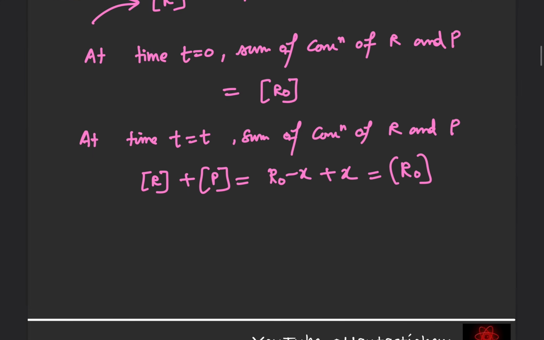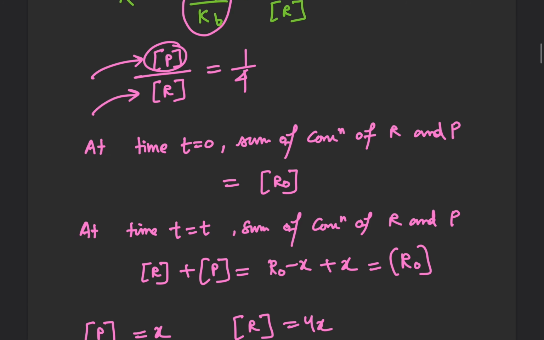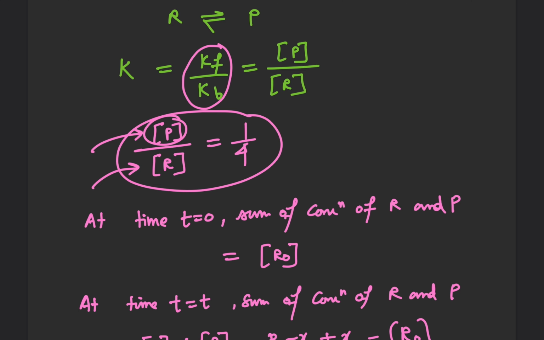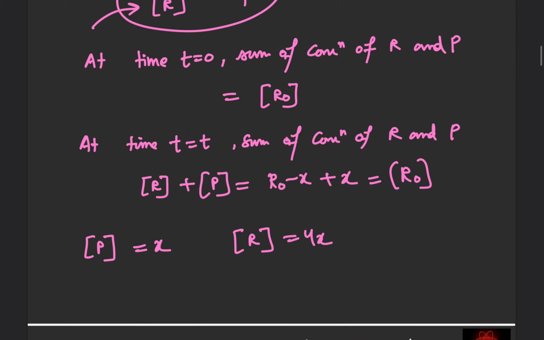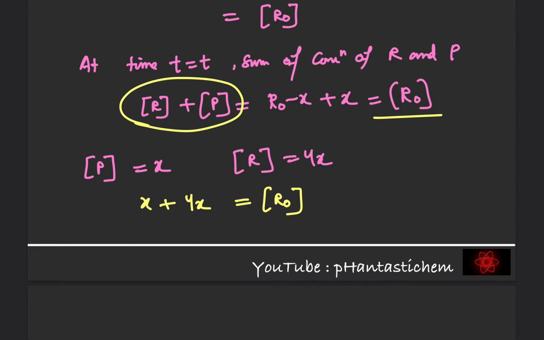So let's assume the concentration of P as x and the concentration of R as 4x, because the ratio between them is 1:4, which we just found out. Therefore x plus 4x is equal to R naught, because R plus P concentration is equal to R naught.